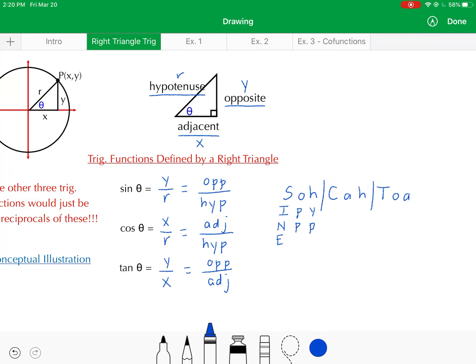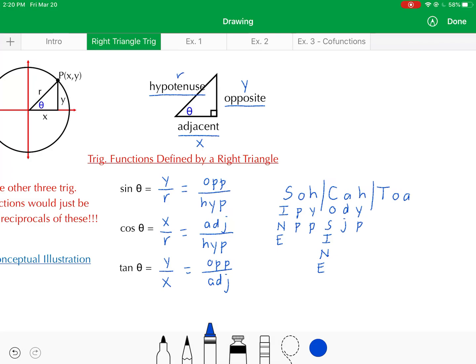In the second syllable of this acronym, you've got C for cosine. A would be for adjacent, H for hypotenuse. So that's, again, just saying cosine is defined to be the adjacent side length divided by the hypotenuse side length.